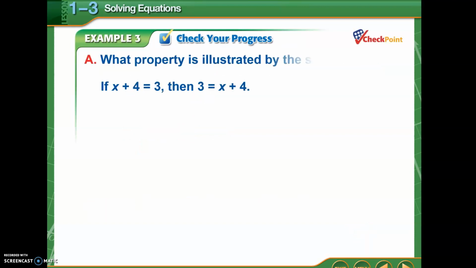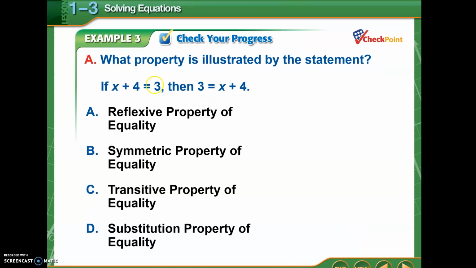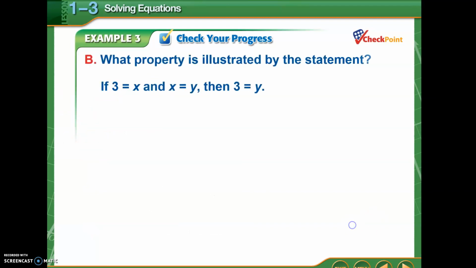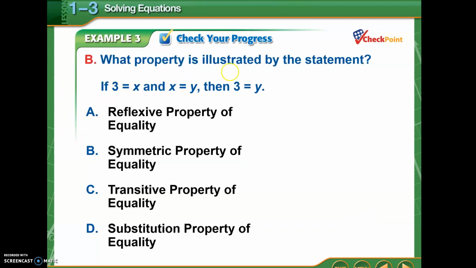And then this one, again, we're flipping it, so symmetric property. And then here we have 3 is equal to x, x is equal to y, so y has to be equal to 3. That means this would be transitive because we have those 3 equal parts in there.